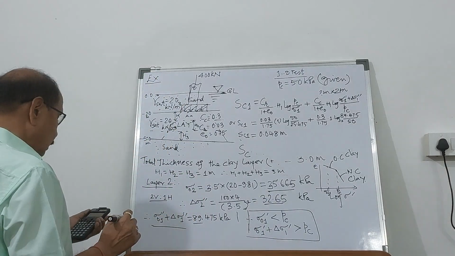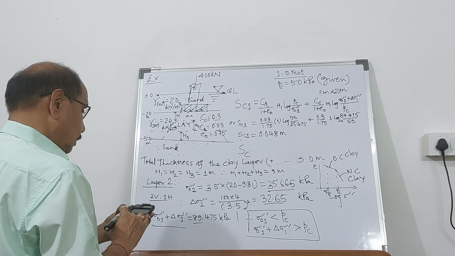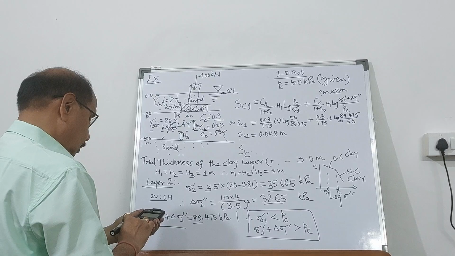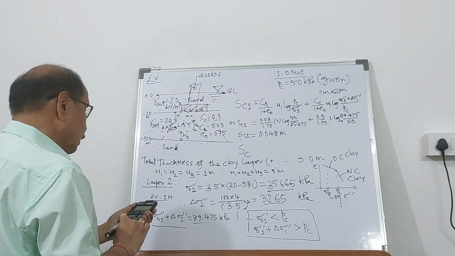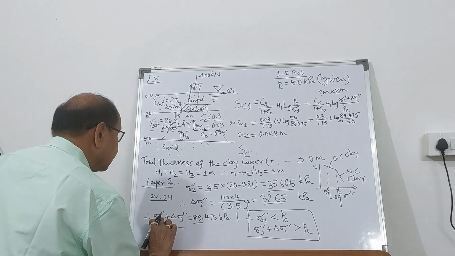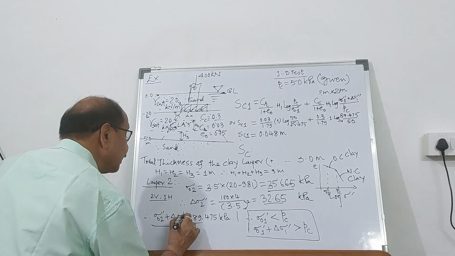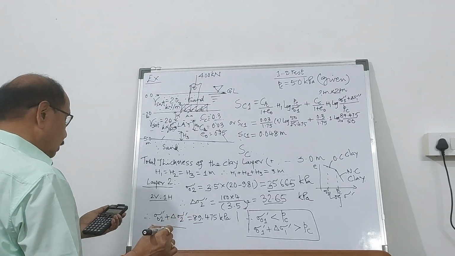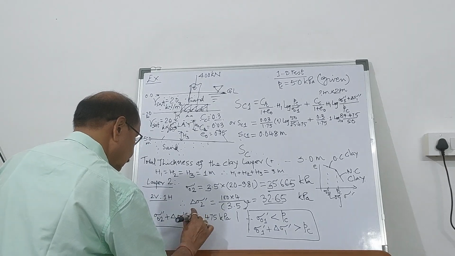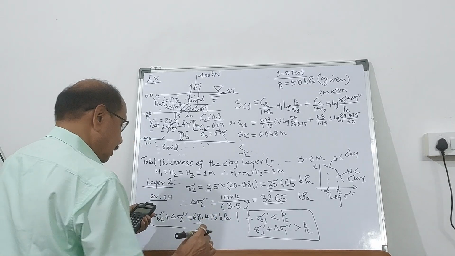Therefore, this for layer 2 plus delta sigma 2 is going to be 68.31.